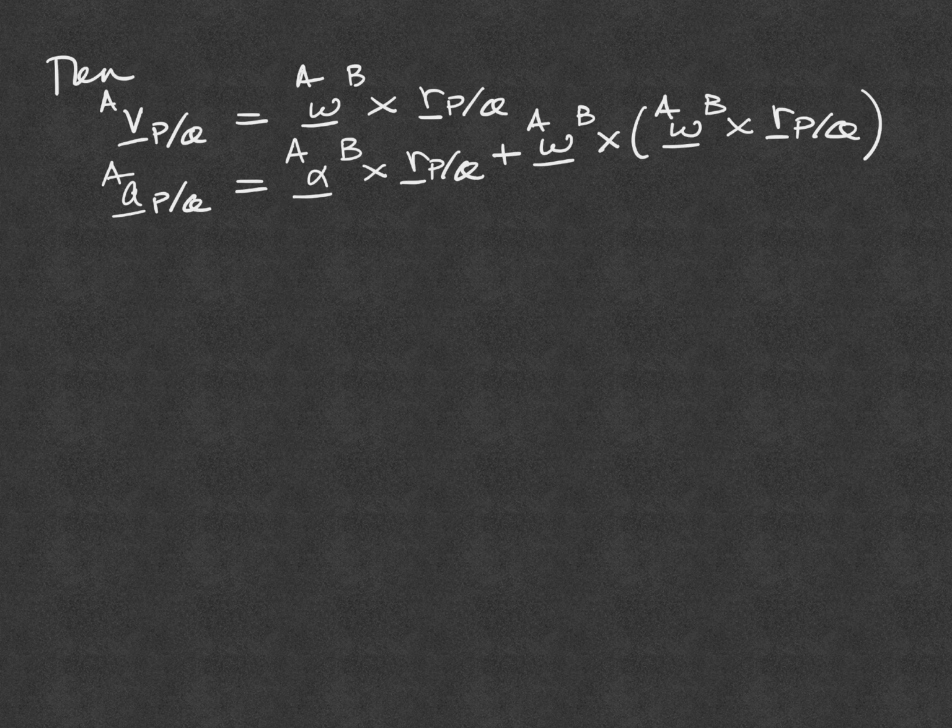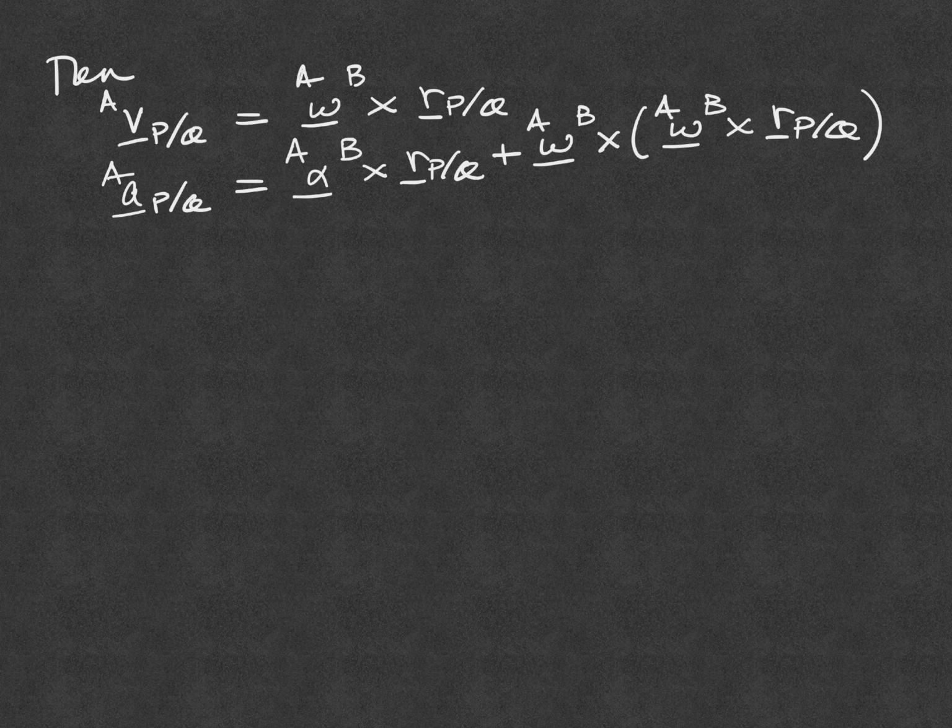Now you'll notice that in order to compute the difference in velocity between 2 points on a rigid body and the difference in acceleration, the information that's needed is how the body rotates, which is obtained from the angular velocity of B in A, and how the rotation rate of the body changes, which is the angular acceleration of B in A. And the only other thing we need is the difference in position between the 2 points.